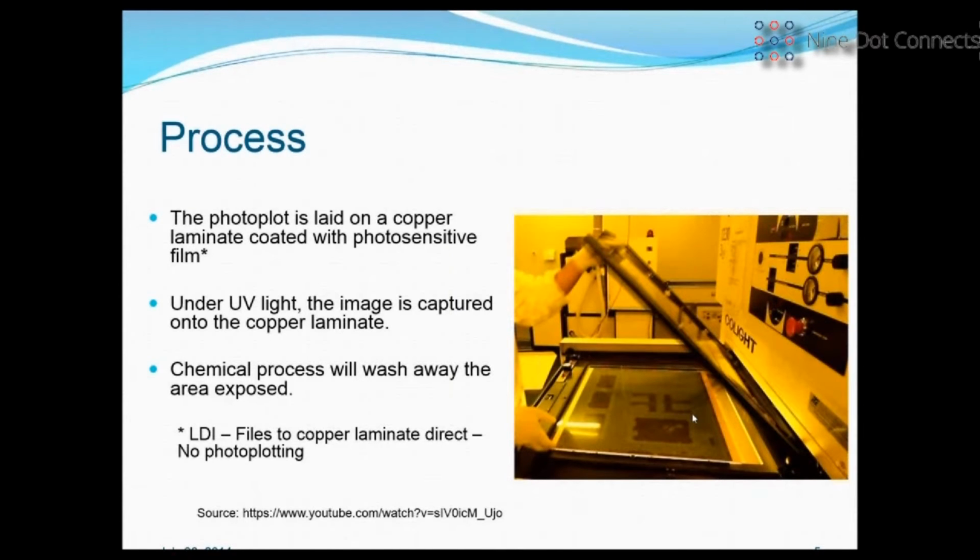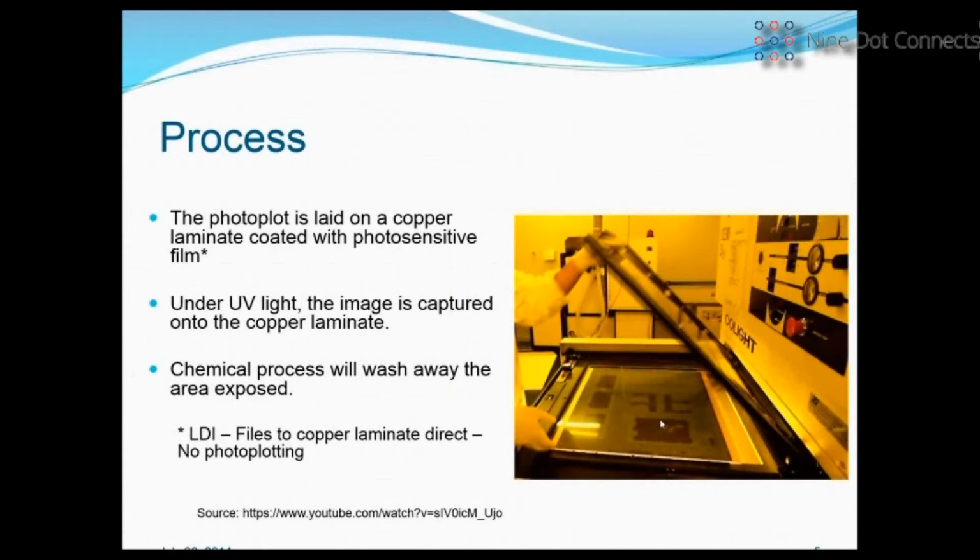That piece of copper is now going to be taken off to another machine where now they're going to remove the photoresist and any of the copper that had been exposed to the UV light. Okay, so that's the process that we're trying to get our files into over here, and that's done for every single layer. Okay, so that gives you a general idea of what we're trying to do with those files.